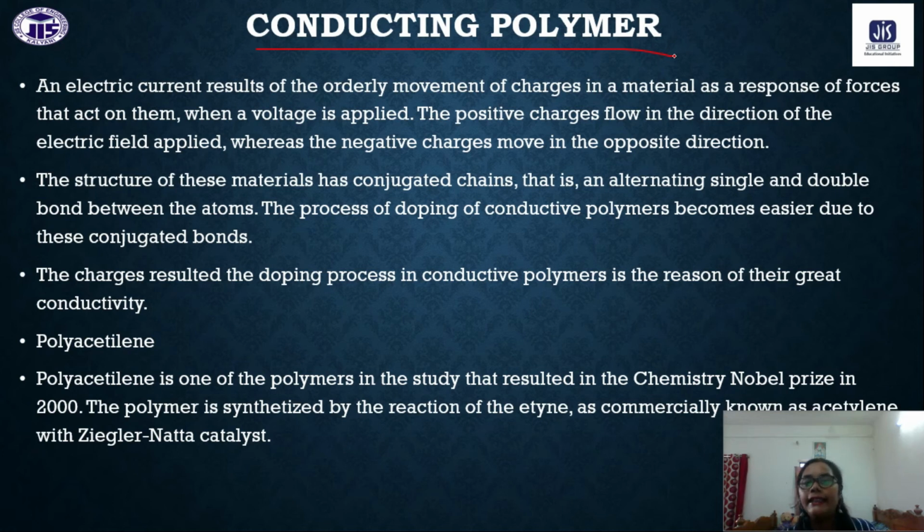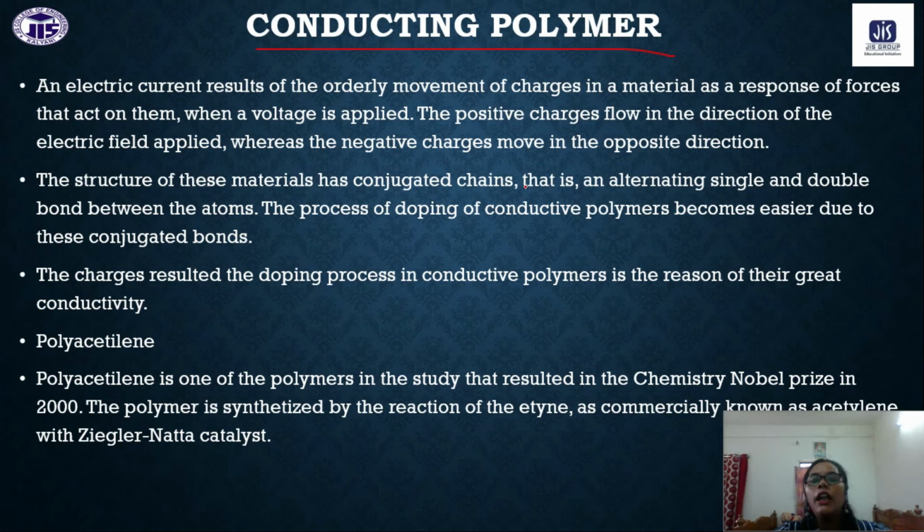In this conducting polymer, while we have alternate double bonds, alternate triple bonds, in this case we can see that pi electrons can move, and thus they can carry the electricity.